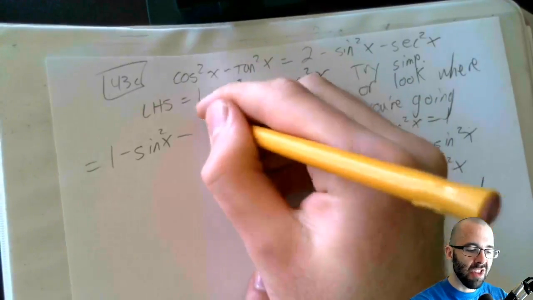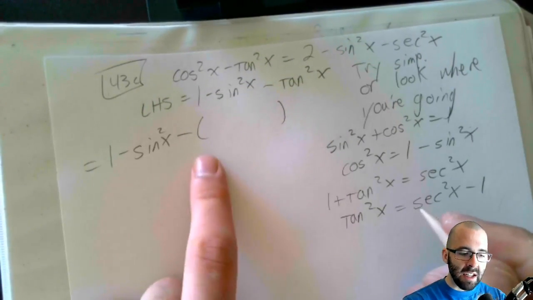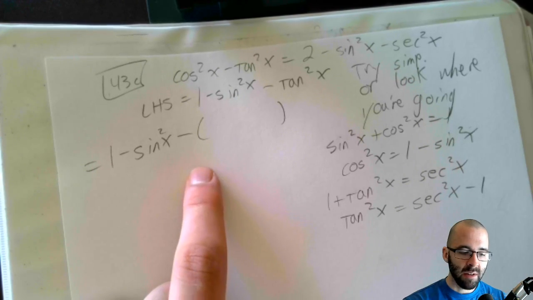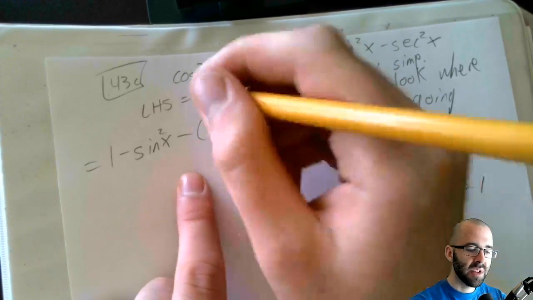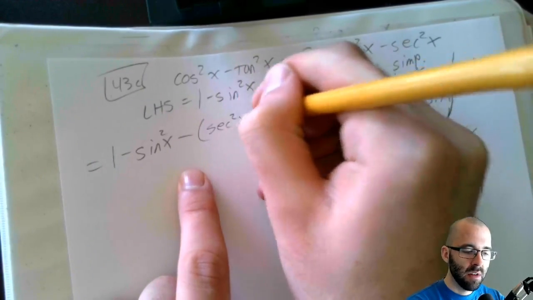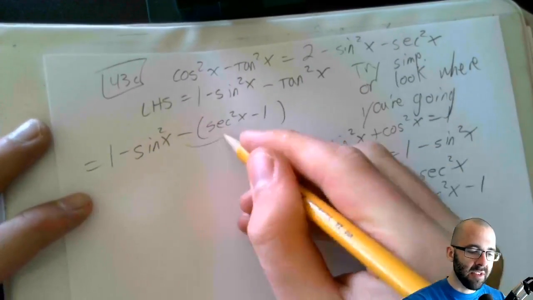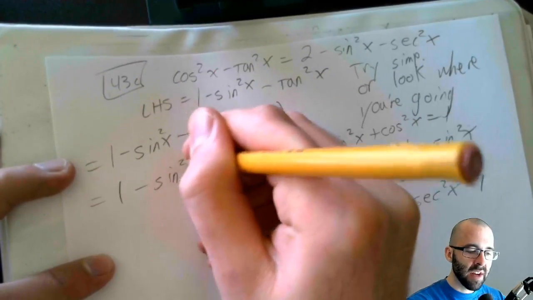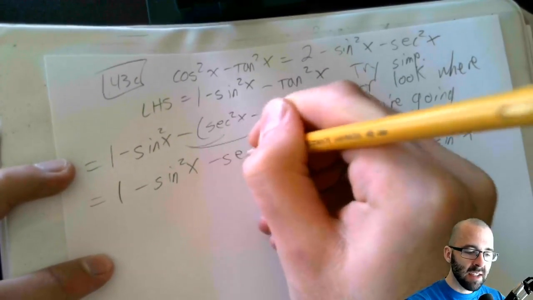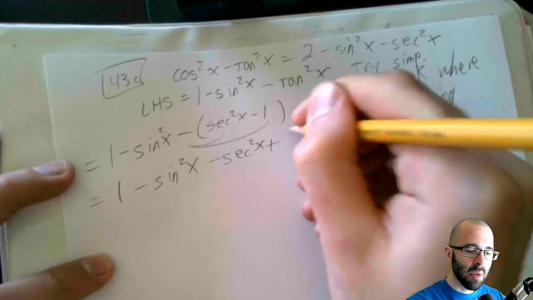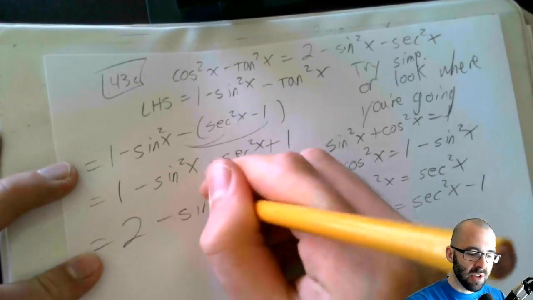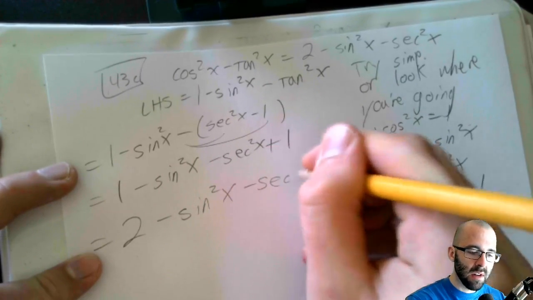Tangent squared is this whole thing. You need the parentheses, otherwise you're going to get the wrong answer. Tangent squared, we said, was secant squared minus 1. Now that negative distributes, so it becomes 1 minus sine squared of x minus secant squared of x plus 1. And now we have that 1 plus 1 is 2, which is exactly what we wanted.